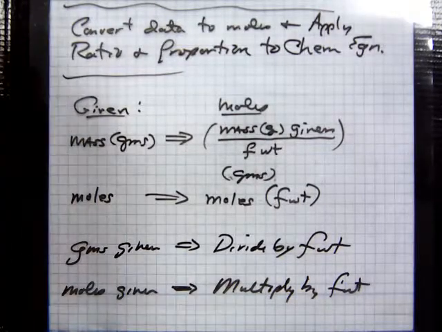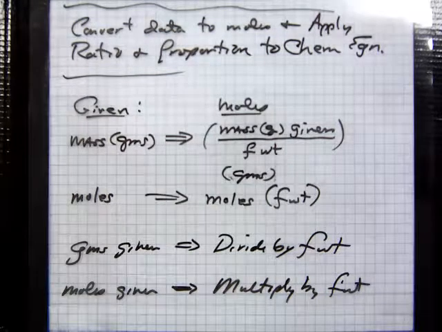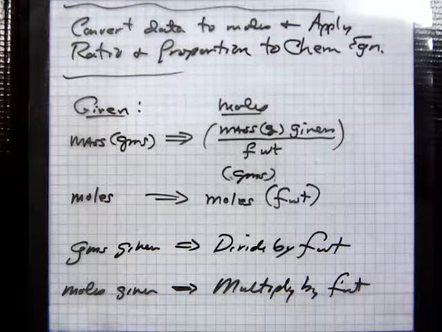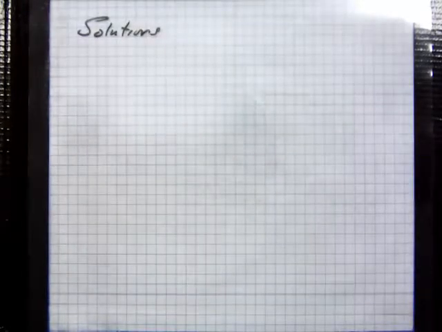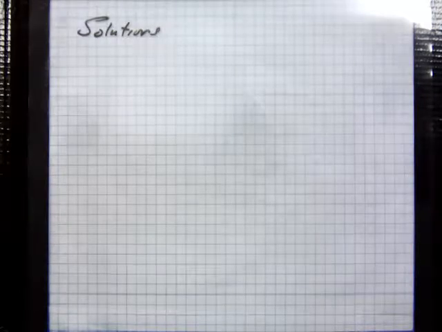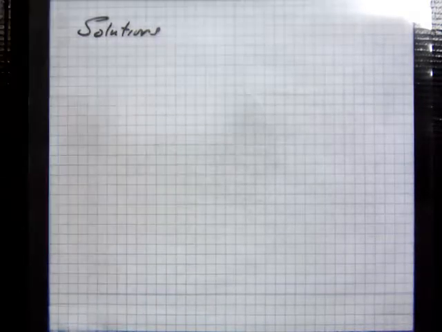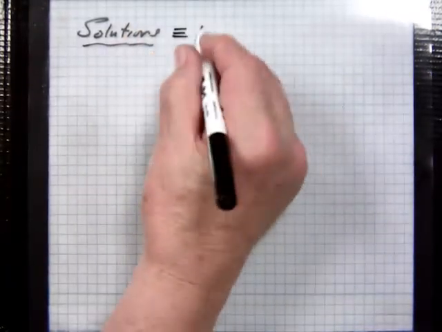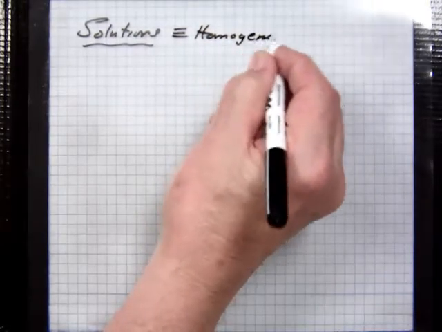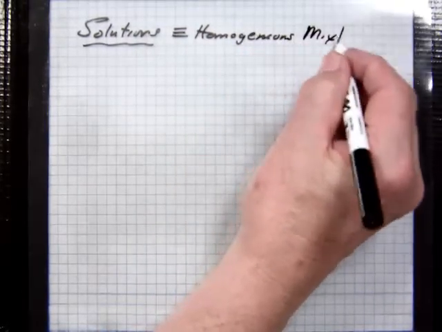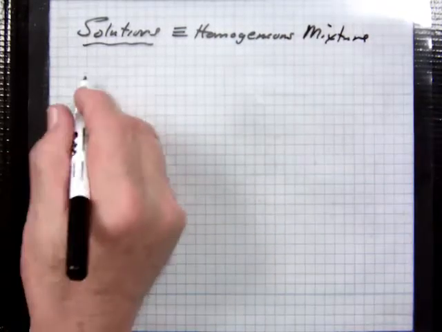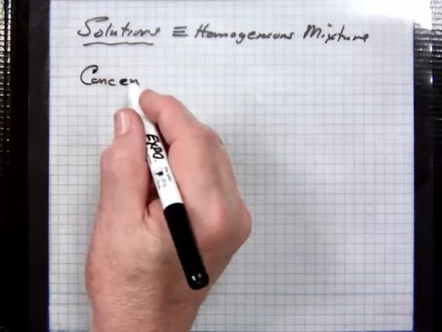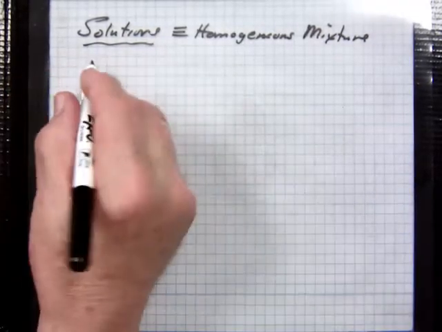Now, there are some other things that you need to do to convert to moles: solutions. Because reactions take place in solutions for the most part. They just don't exist on paper and then exist in the real world. A solution is a homogeneous mixture by definition, and it is expressed in terms of concentration, the stuff in solutions.